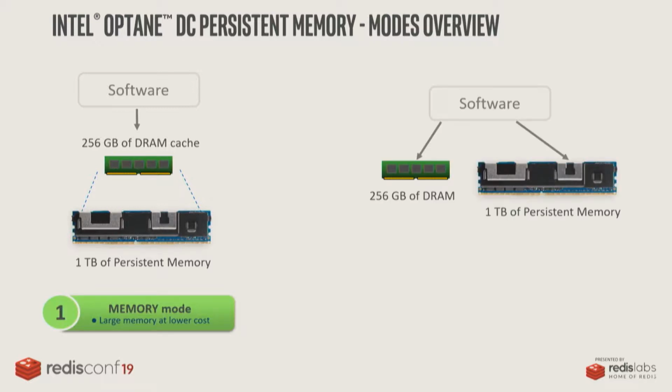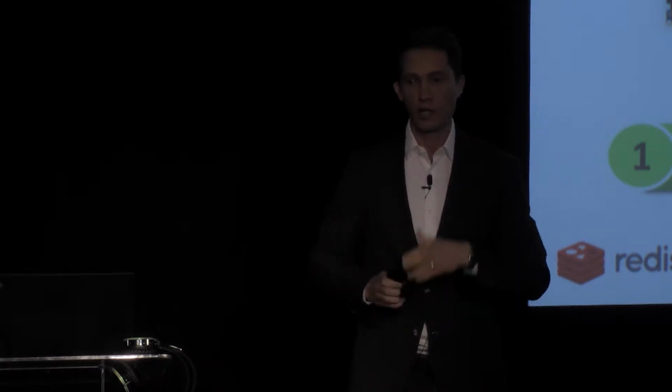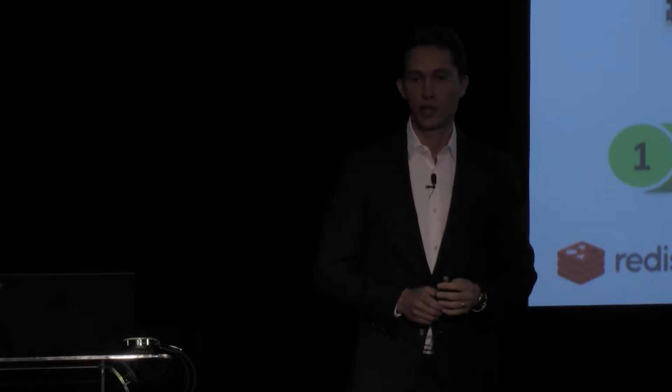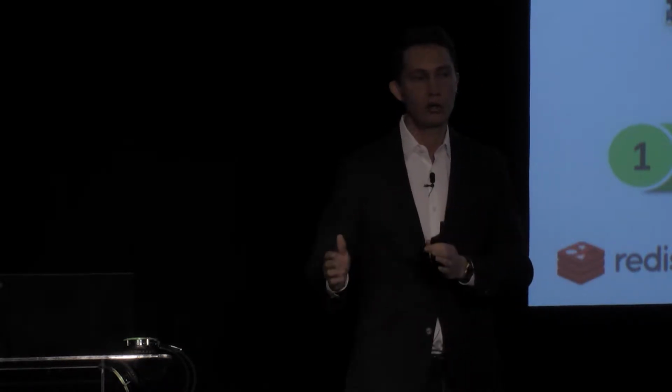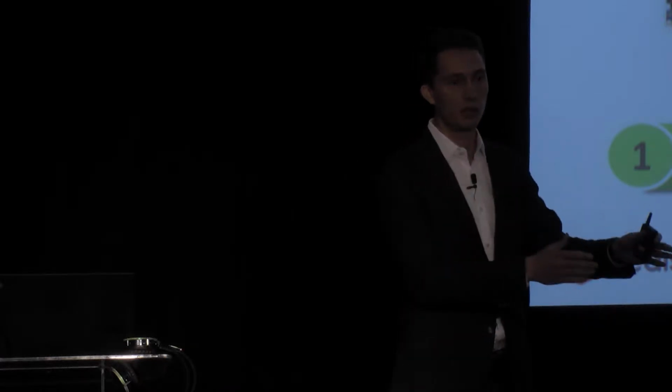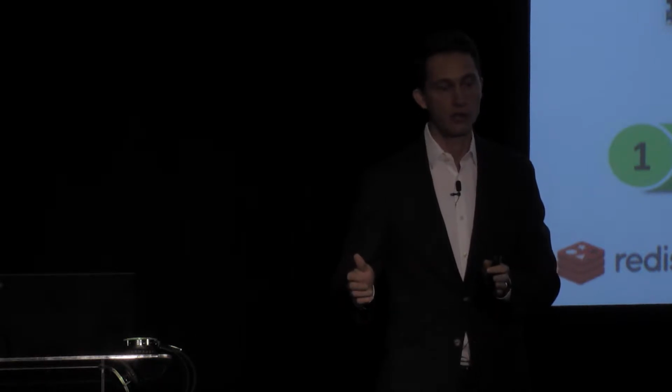And we also have what we call app direct mode. In this mode, software will see two memory pools. It will see your DRAM as before, and then you will see another pool of memory, which is the persistent memory. It will be exposed to you as a file system. You can memory map that file system, and from that point on, you have direct load store access to that memory media, just like memory, and you have more control in software in deciding where to place your data, in DRAM or in persistent memory, depending on the characteristics of your workload.